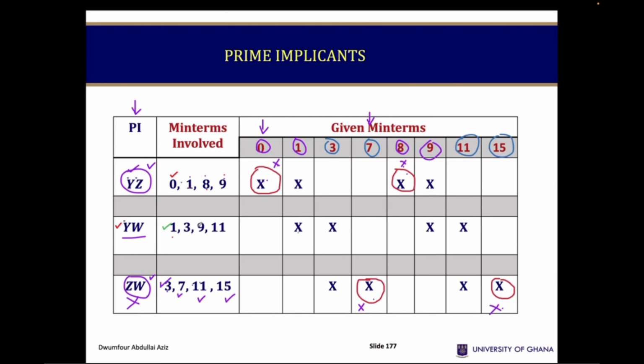Now, let's even try and assume that we don't know. We want to pick this one. So what is this guy coming to do? It has 1, which is already covered by this guy. It has 3, which is already covered by this guy. It has 9, which is already covered by this. It has 11, which is already covered by this.